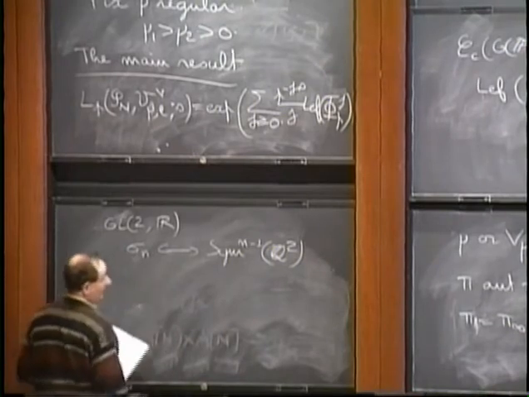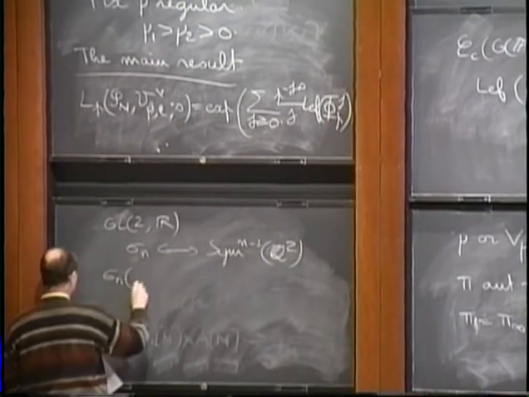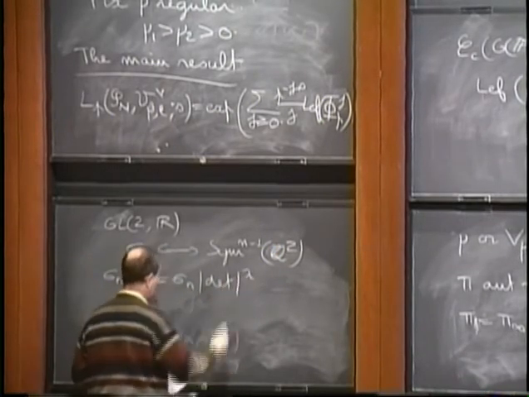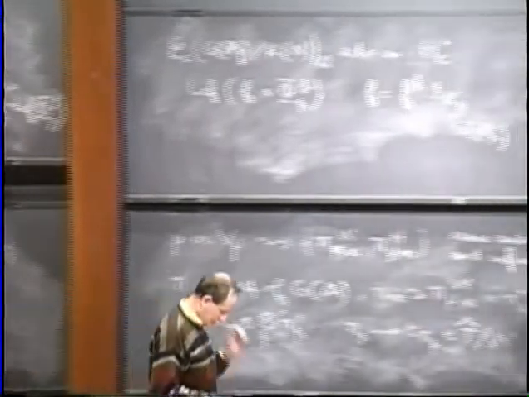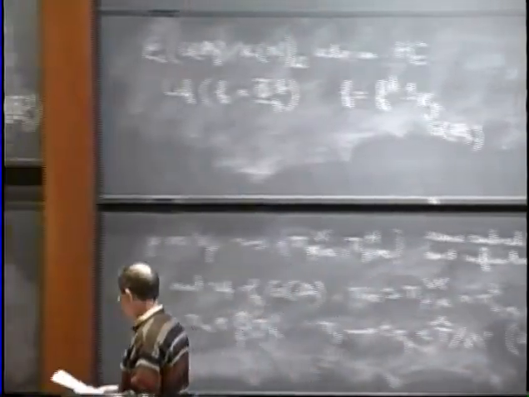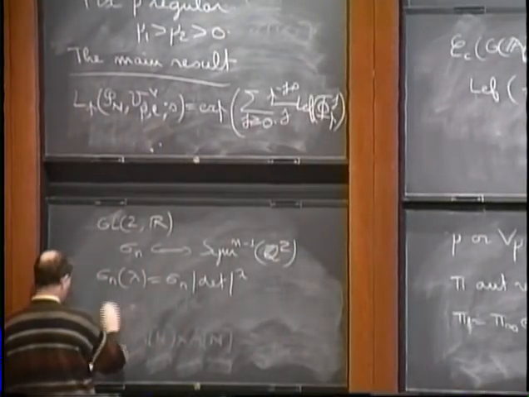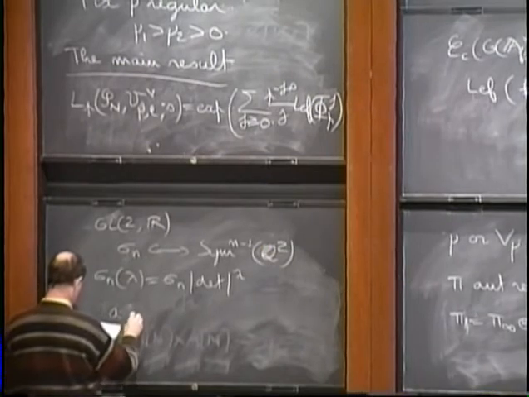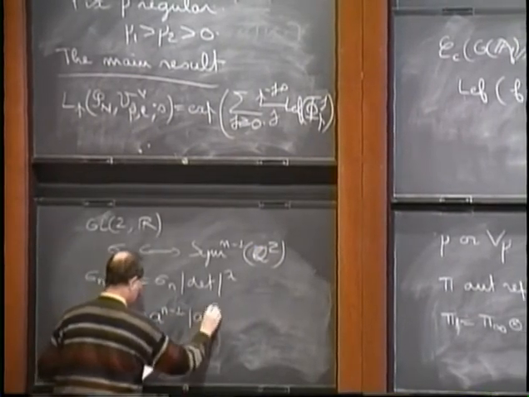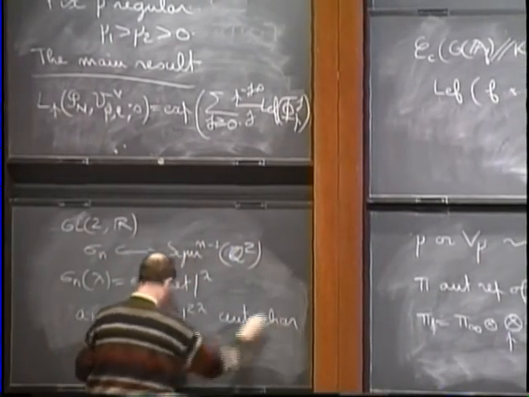So here there is no packet. That's already good. And we can twist it, as usual, by multiplying it by a character, the determinant to some power lambda. So for example, that's the central character.